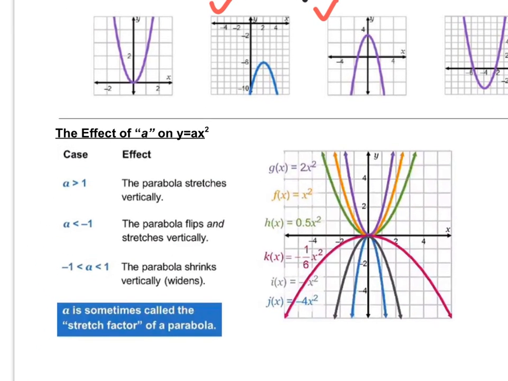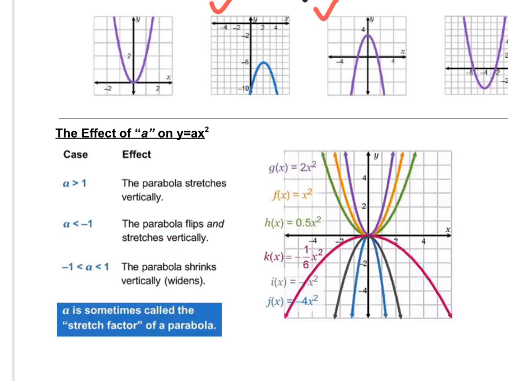Now there is a little bit of a disclaimer here, and this is where it gets kind of funky. If A is greater than 1, the parabola stretches vertically. If A is less than -1, the parabola flips over and then stretches vertically.